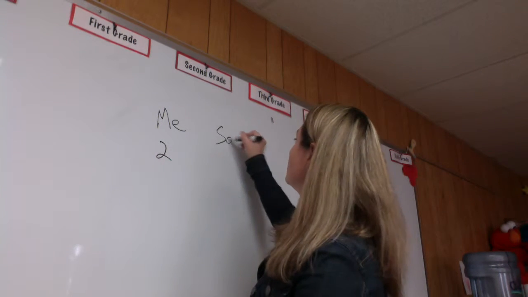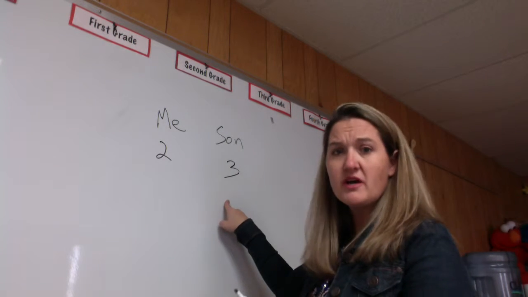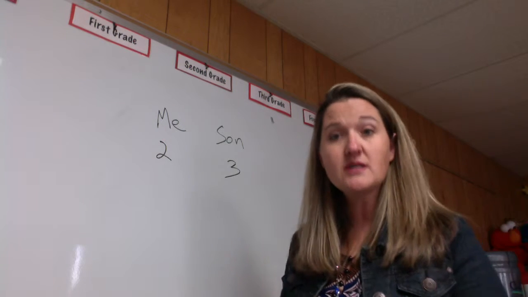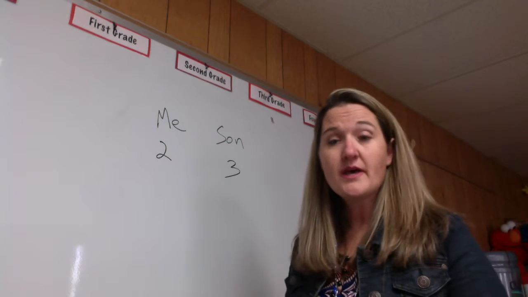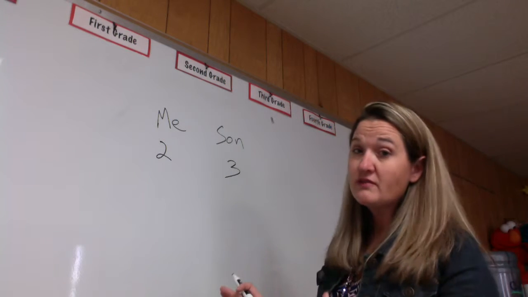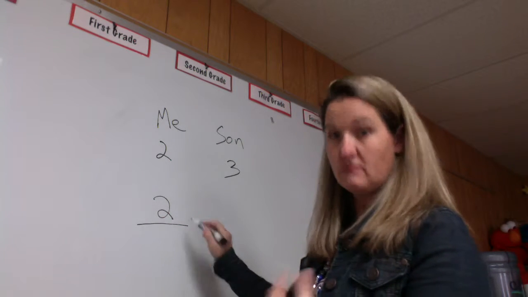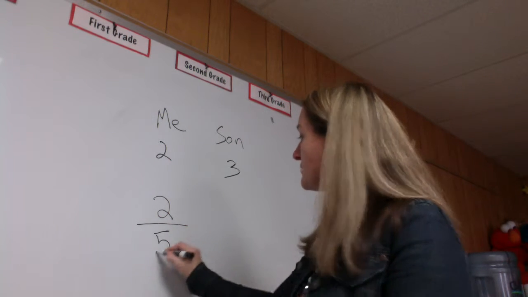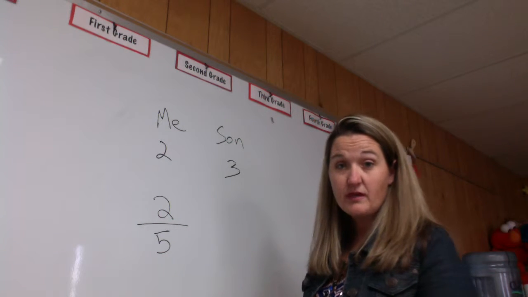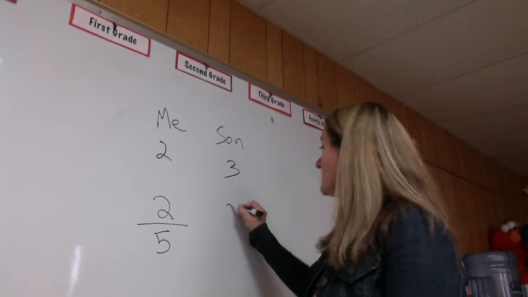My son won 3 matches. We played a total of 5. Out of our first 5 games, I won 2 out of 5. So the experimental probability that I will win our next match is 2 out of 5. The experimental probability that my son will win the next match is 3 out of 5.